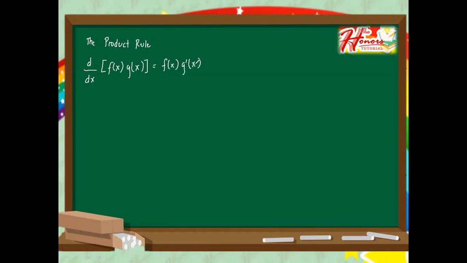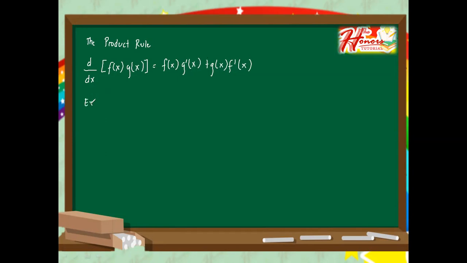When we say g prime of x, we already get the derivative of g of x. So that's why it is g prime of x now. Plus g of x times f prime of x. So this will be our pattern for our example.